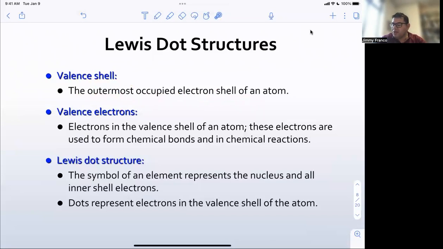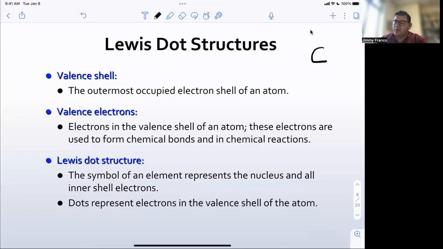The way we're going to do this is we're going to do our Lewis dot structure. We're going to draw the structure with the atomic symbol in the middle, and then we're going to use dots to represent the electrons. If we did this for carbon, our atomic symbol for carbon is C, so let's put carbon in the middle.